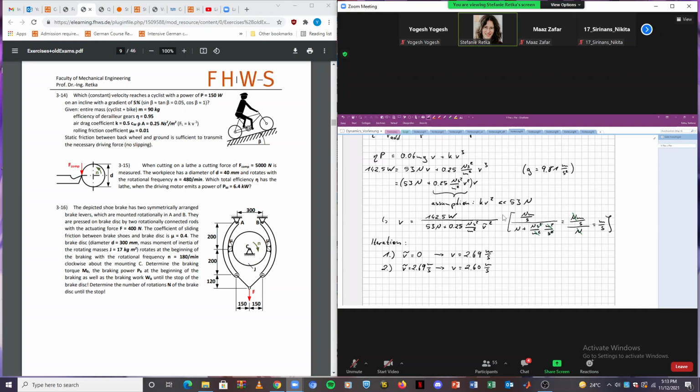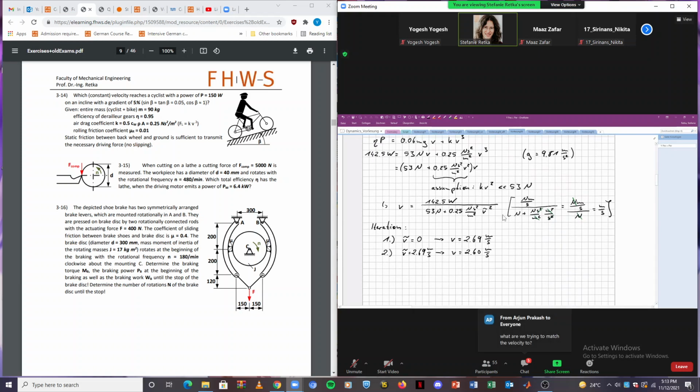Let's say that we want to have an exact value until the third digit, okay? So right now we are exact until the first. Our starting velocity has to match the final velocity. So v tilde has to be equal to the velocity itself. When this is true, our equation will be true.